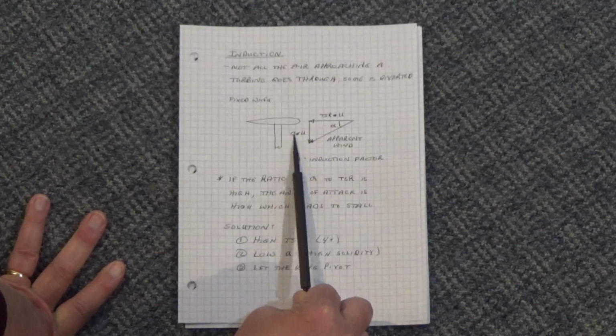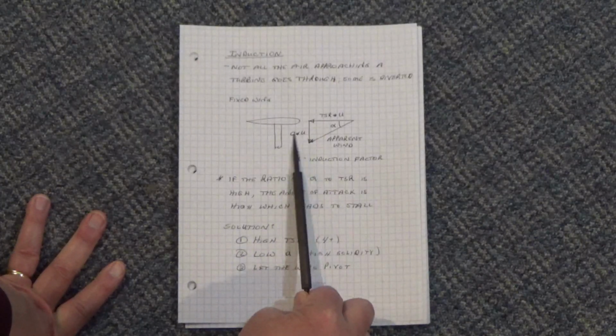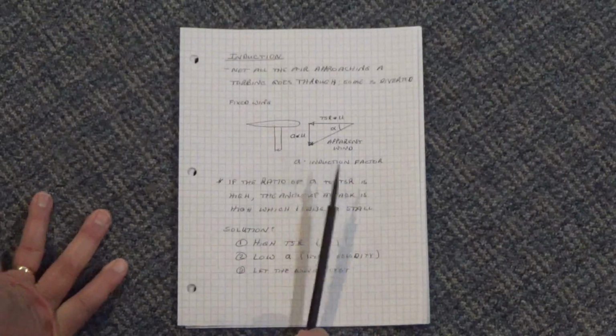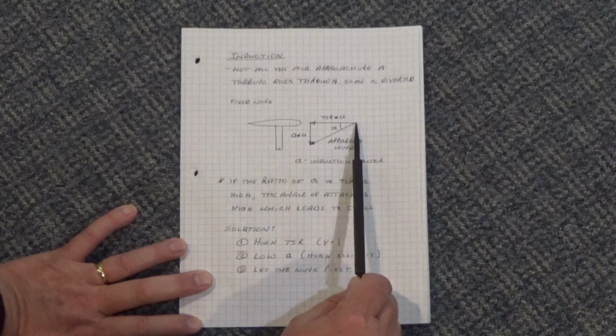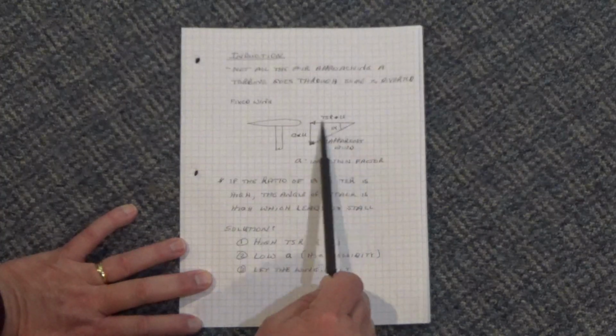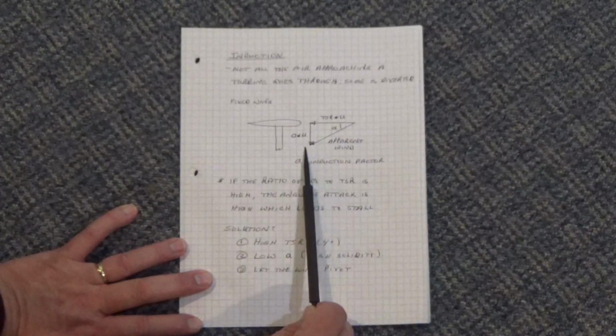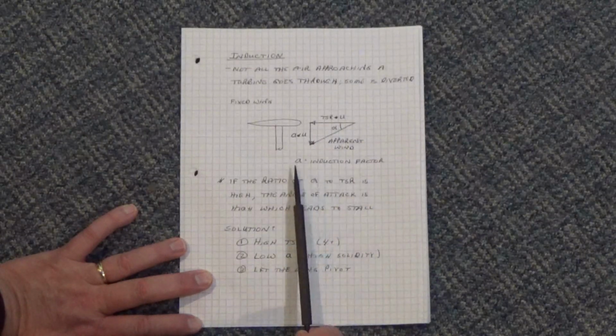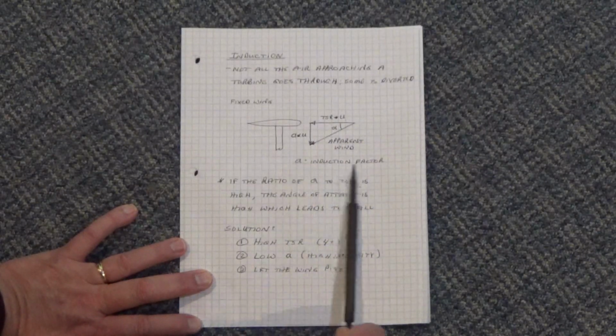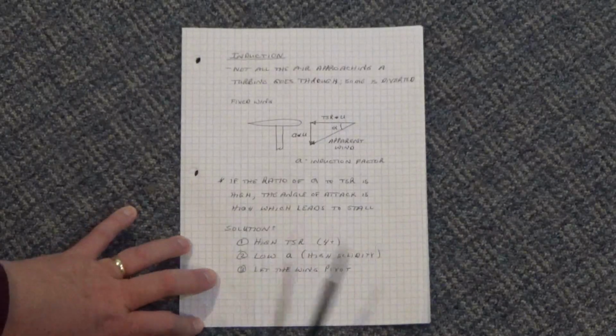There's some induction factor, so it's some fraction of the full wind. And the apparent wind that this wing sees is a combination of these two wind vectors here, so it would be this. So we have this angle of attack, alpha, and this A here I'm just calling an induction factor.